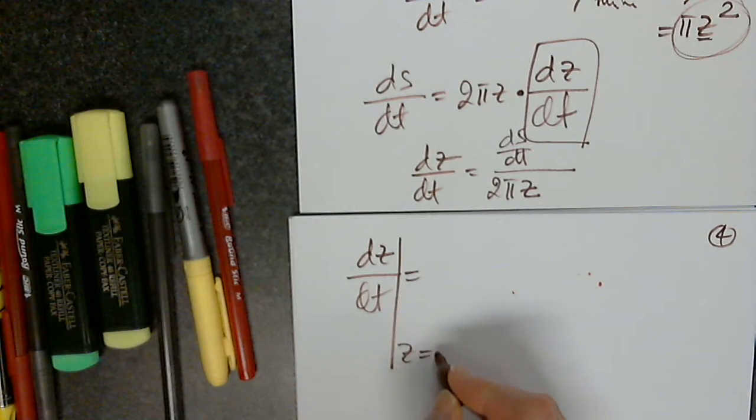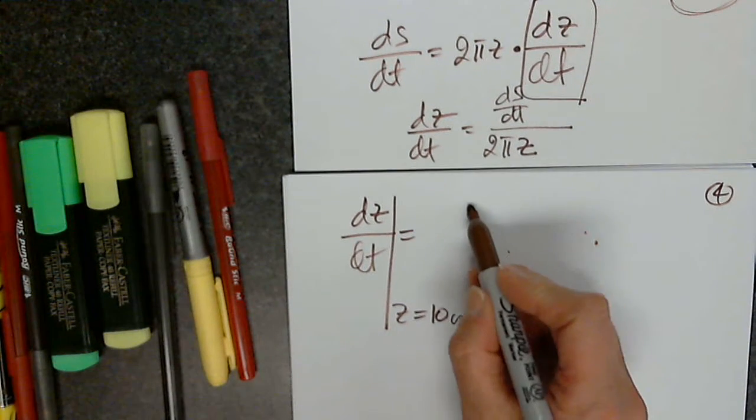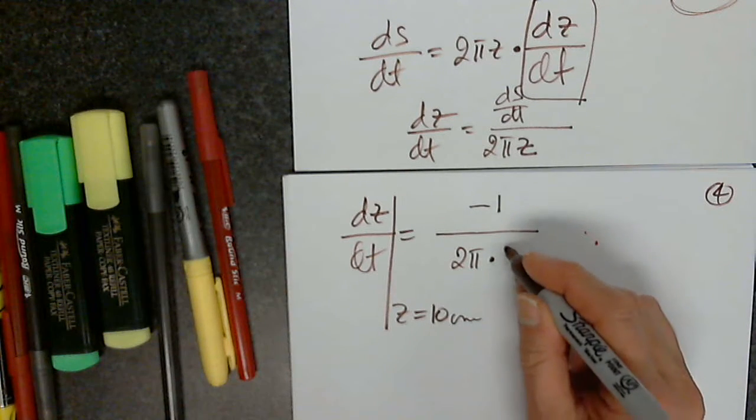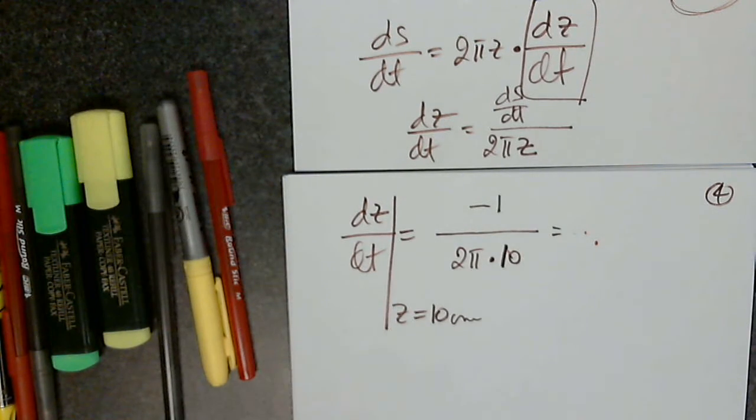and I'm told when z equals 10 centimeters. So it's negative 1 over 2 pi multiplied by 10. Good, so I'll approximate that. Put it in the graphing calculator. So it's negative 1 divided by 2, divided by pi, and what is that by 10?